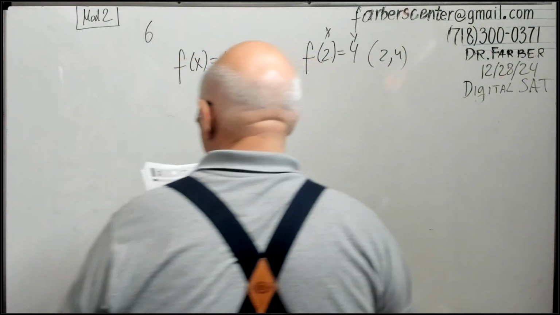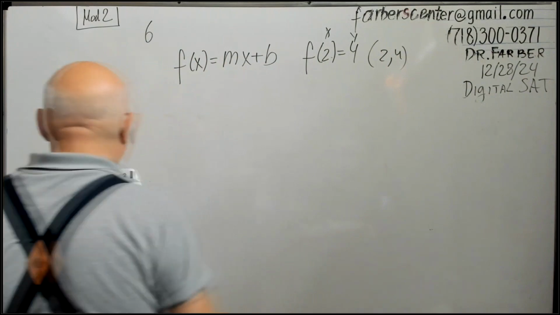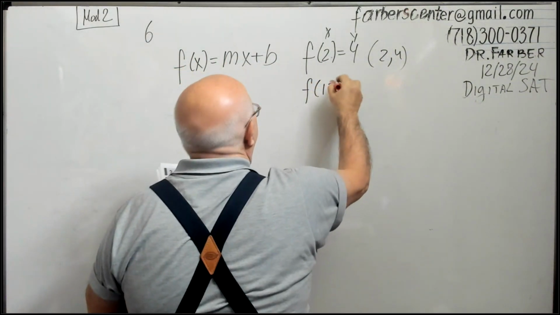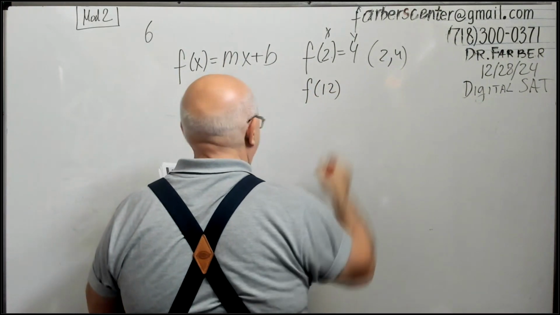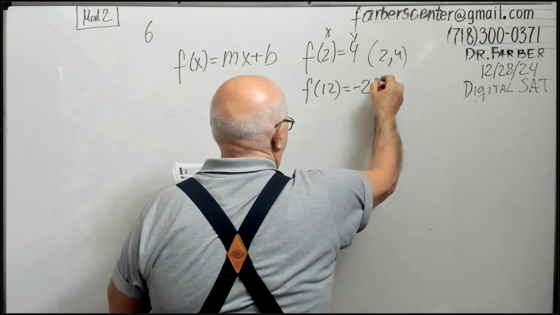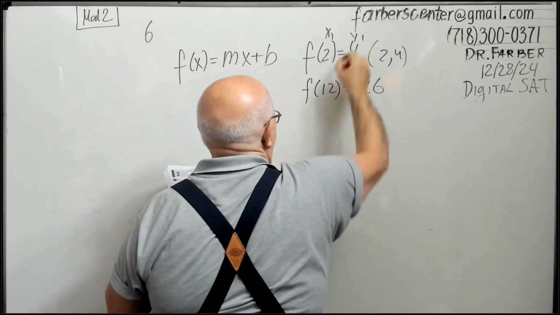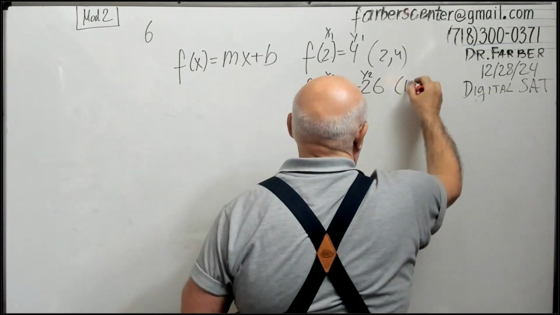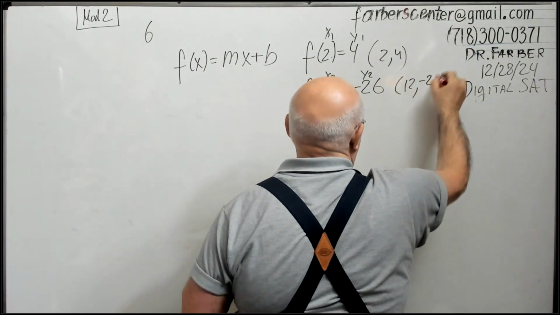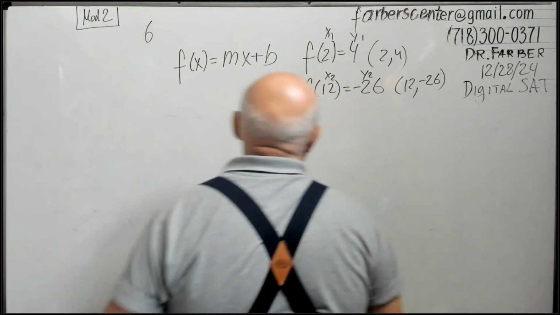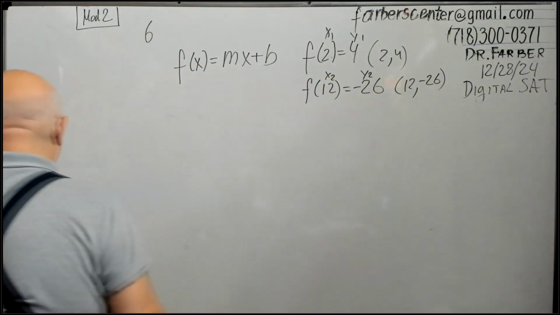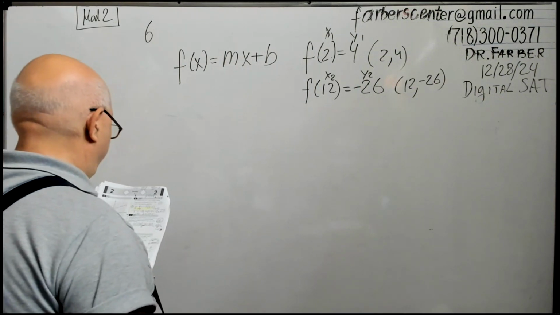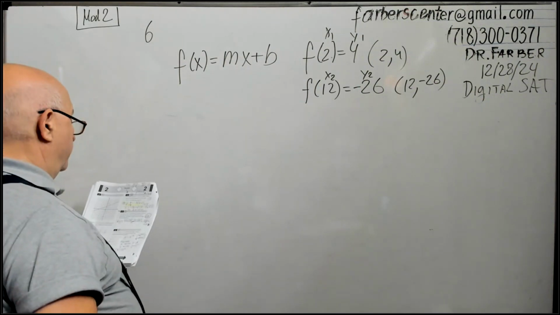And f of 12 equals negative 26. x1, y1, x2, y2. And this is (12, -26). What is the value of b? This b you have to find.